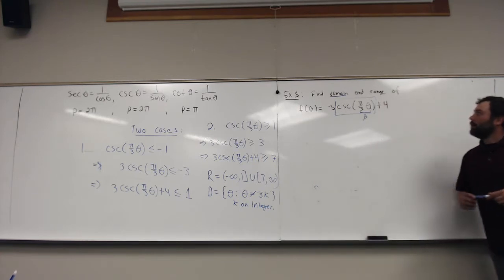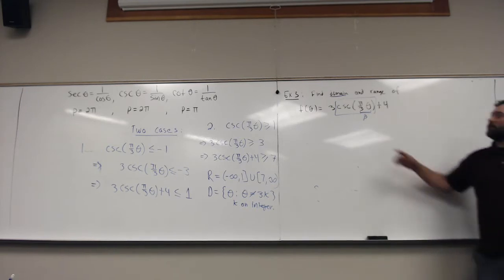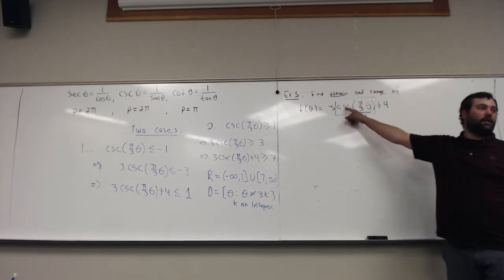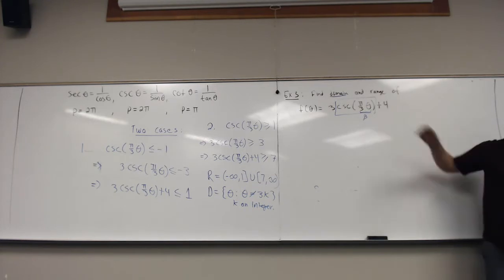Okay, so anybody kind of remember the process for sketching a graph of this? Now, this isn't part of the directions, but we'll do it anyways. We're going to graph the sine first. It's a sine. Yeah. Okay. The same transformation. Okay, so Ben and Claire, and I probably heard some other people say it too, since cosecant is the reciprocal of sine, we're going to first graph sine with the same transformations.